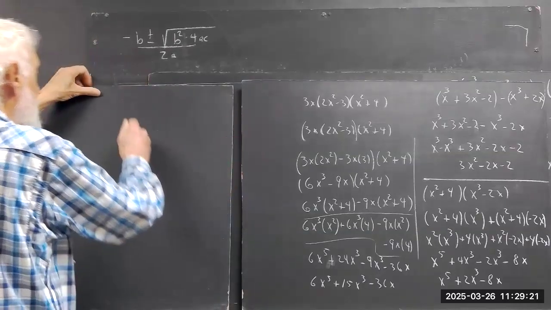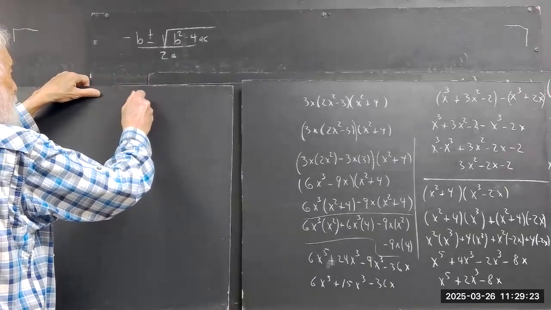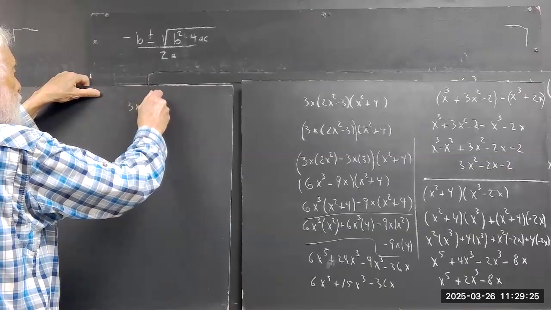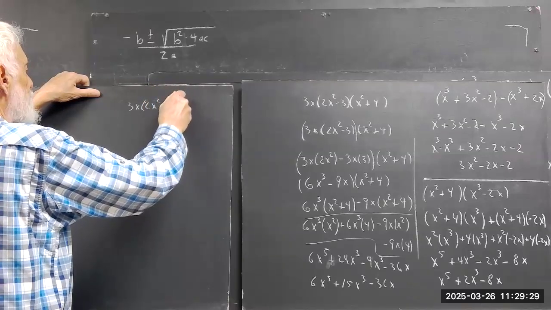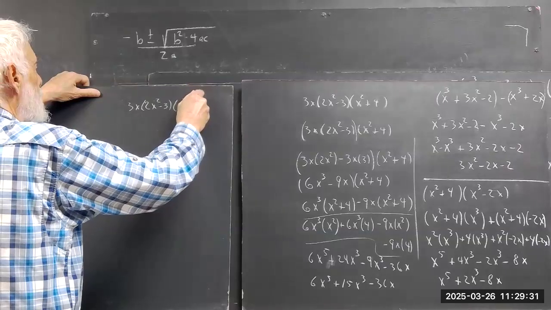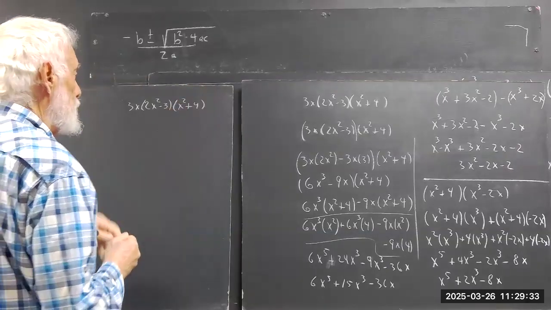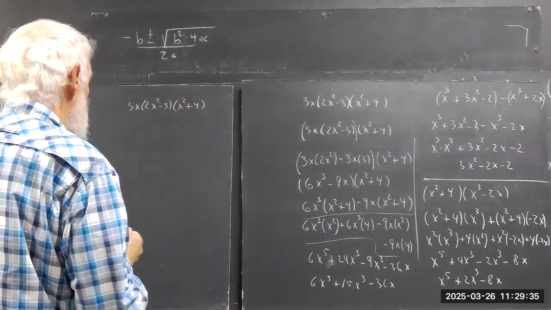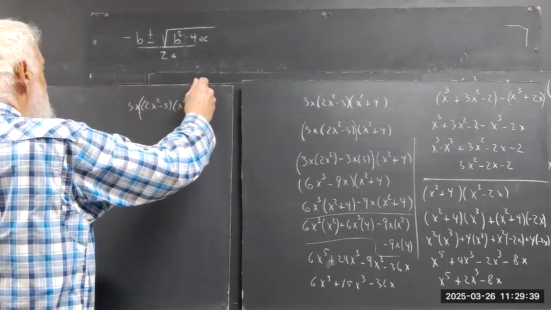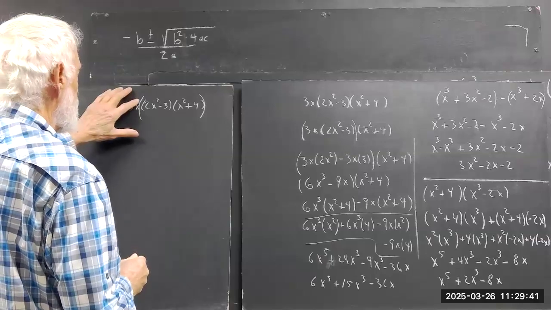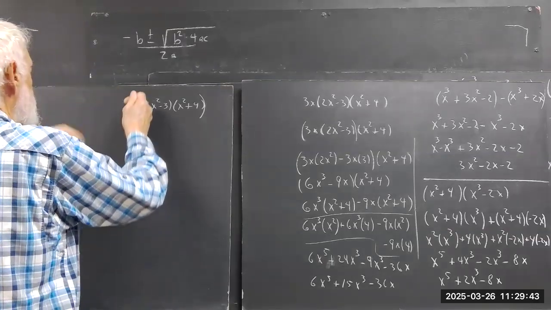So I could do the same thing. I've got 3x times (2x squared minus 3) times (x squared plus 4). I'm going to put my parentheses here. And I'm kind of blocking my 3x there.